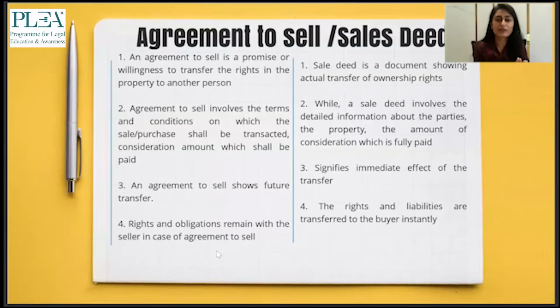So once an agreement for sale is entered, it is a promise to fulfill in future. The promise which has been fulfilled in future is now getting recorded in the sales deed, which says actual transfer of ownership.